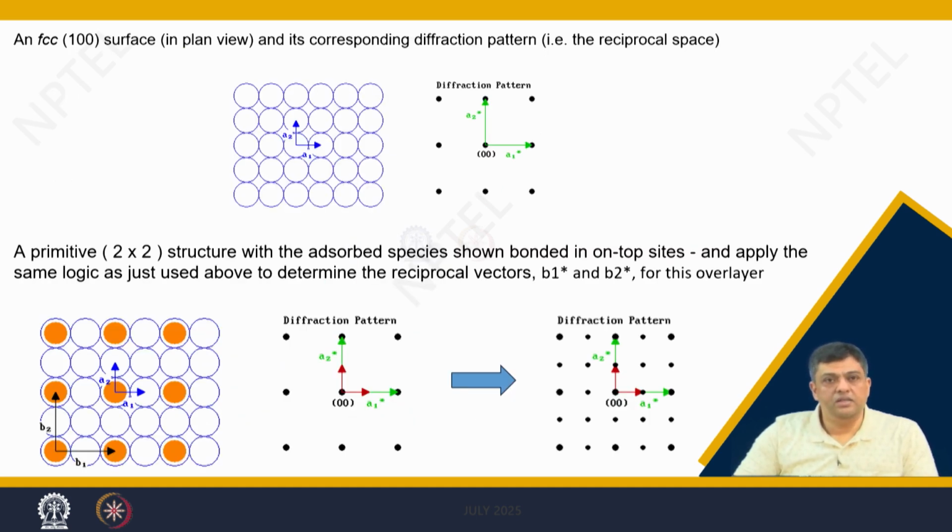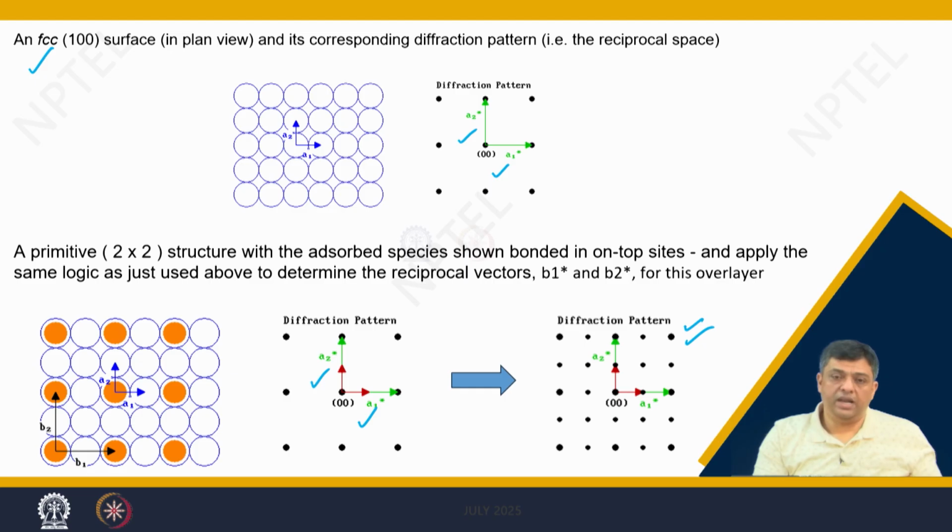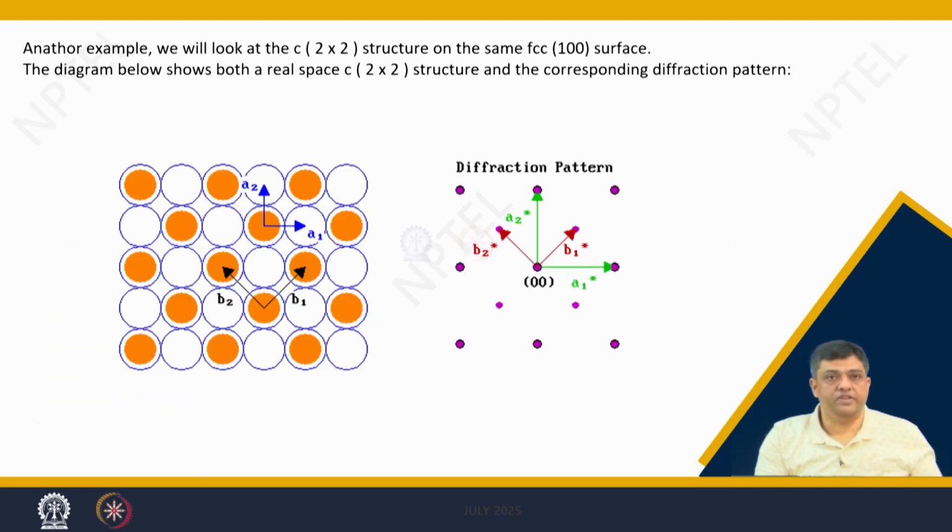You can use this data. For example, you have an FCC face centered cubic surface, and then from there you can calculate the lattice parameters, and you have the lattice vectors, and you can calculate the arrangement of the whole atoms or lattice which is forming particles, and these particles are arranged on the sample surface.